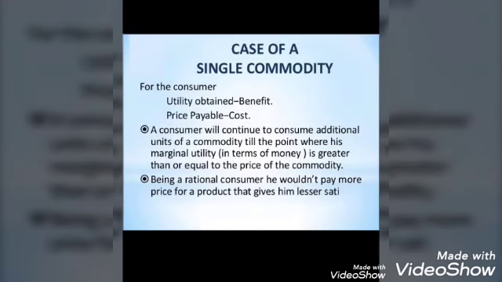Suppose the purchase of a commodity by a consumer depends on the price of the commodity, then the marginal and total utility of the commodity and the marginal utility of money.